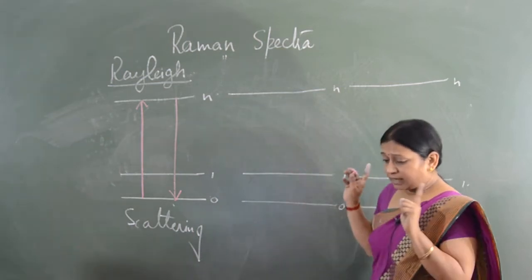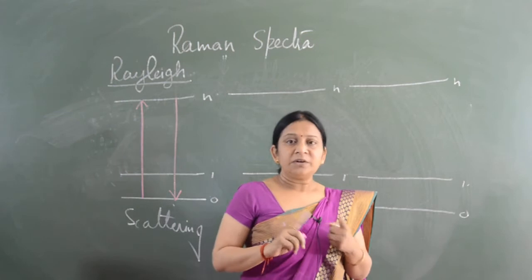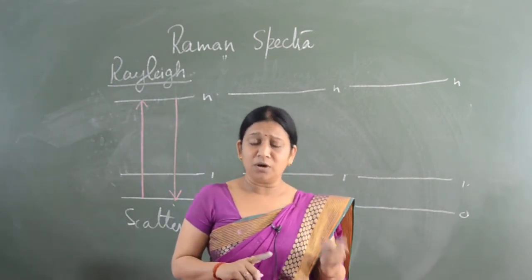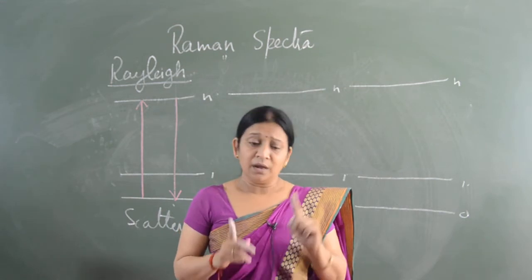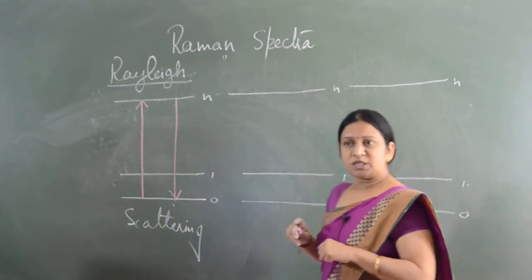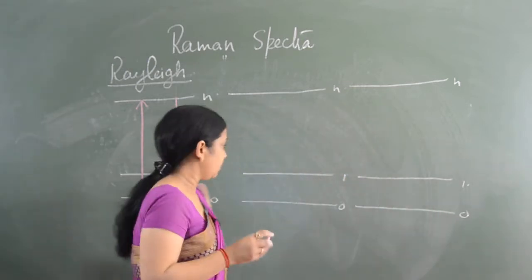In the second, we have the inelastic condition, where the frequency of incident radiation can be greater than or less than the frequency of the scattered radiation. In that case, we can have two conditions, one where the energy is more and the other where the energy is less, or we can talk in terms of frequency.